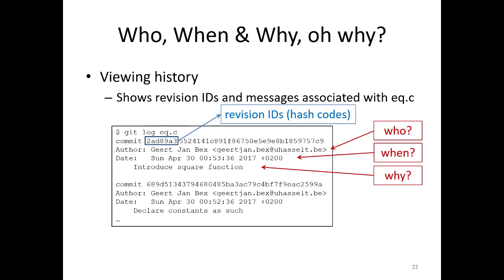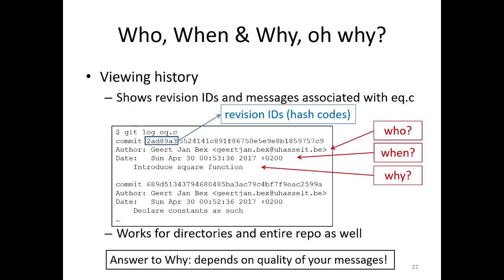But typically you don't have to use all the, I don't know, 20 or 30 or however many characters there are. Just the first 6 or 7 of those characters will do in order to uniquely identify your commit. So you can do a git log for a specific file, but also for a directory or for your entire repository.